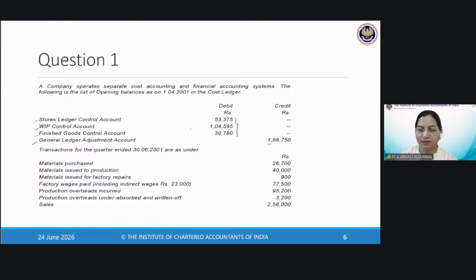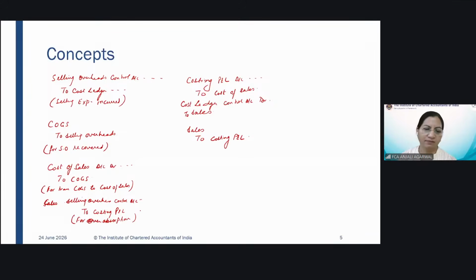Now, like I said in the previous slide, there could be over absorption or under absorption of overheads, and you can write off to costing P&L account. However, it is also possible that it's not the policy to write off to the costing P&L account.